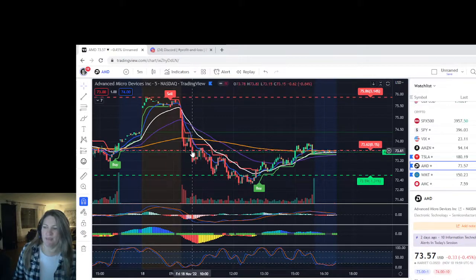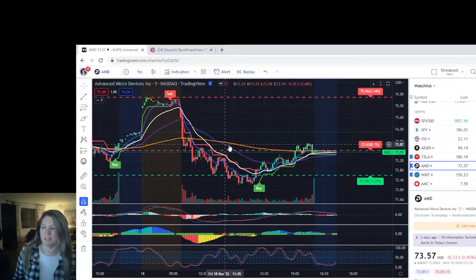I could have held on, but I just like to take profits because it could have bounced here as well. But when you look at everything else, there was red volume coming in. The MACD RSI was pushing to the downside, and the TTM squeeze indicator was pushing to the downside, and the stochastic RSI was down here at the bottom. So I knew that it was a really good play to get into, and that was basically a textbook play right there. So I just wanted to go over that with you guys so you get a better understanding of what we're looking for when we're making a play.